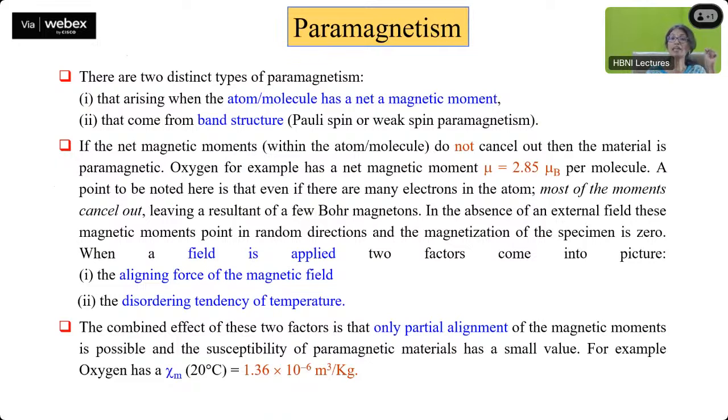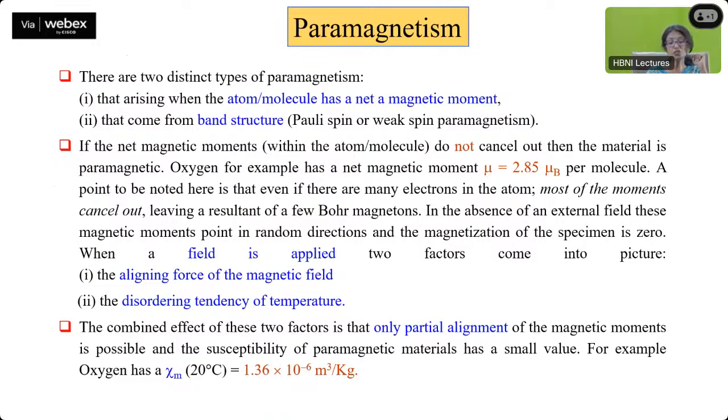However, whenever you apply an external magnetic field, two factors come into the picture. One, the magnetic moments inside the material tend to align with the external magnetic field. And the other is temperature: as the temperature increases, there is a disordering tendency, and the higher the temperature, the more the disordering increases.